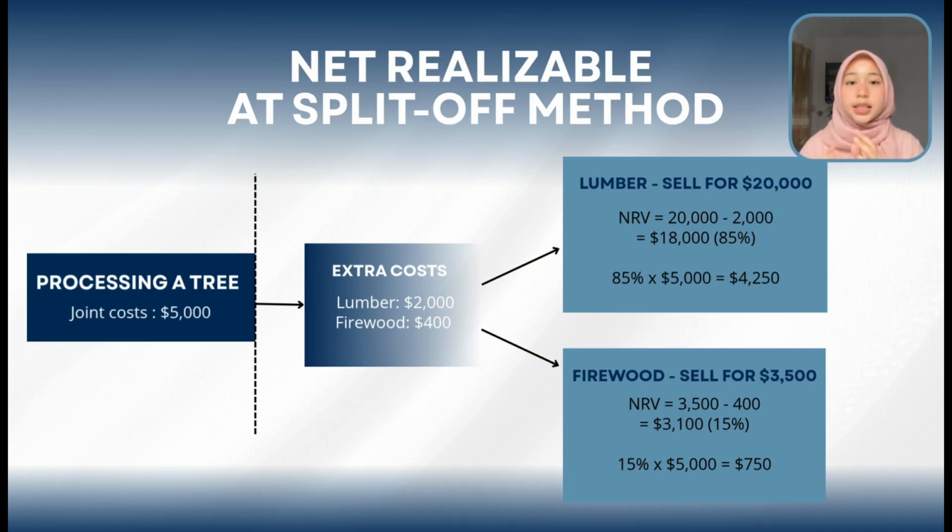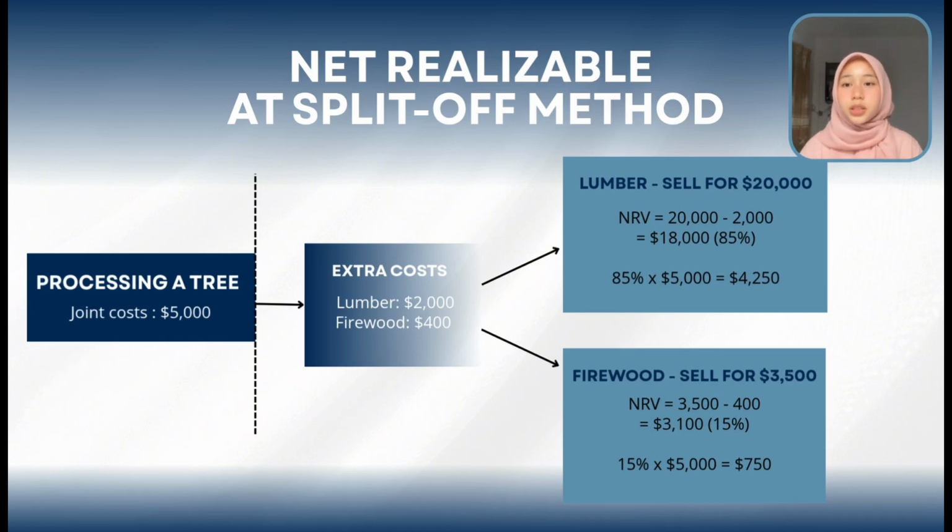To find its net realizable value, we deduct the extra processing cost from the final selling price, giving lumber a net realizable value of $18,000. For firewood, the final sales price is $3,500.